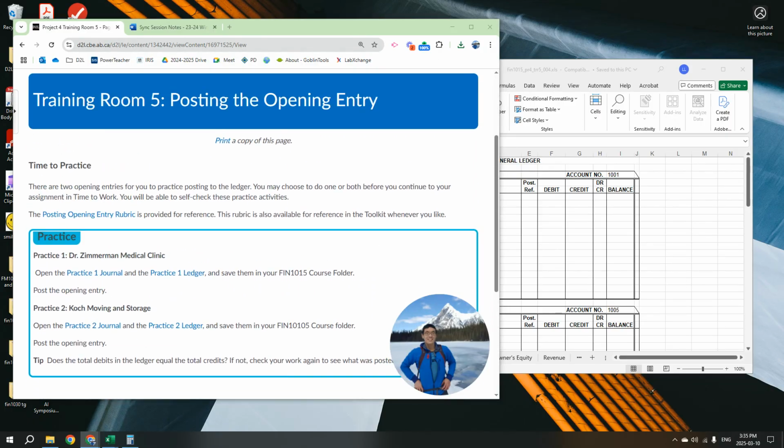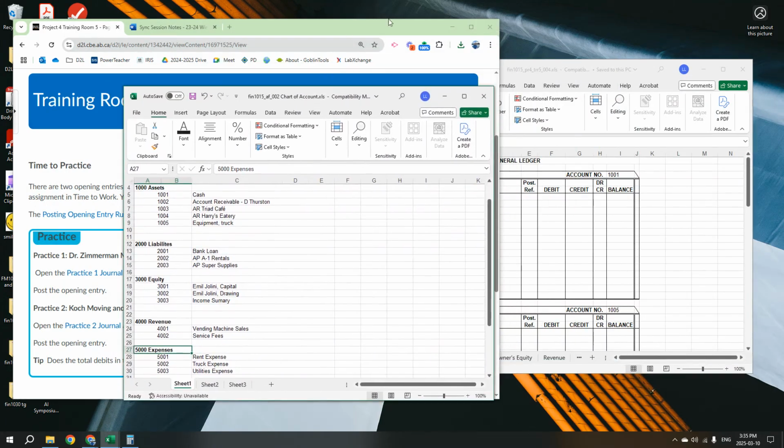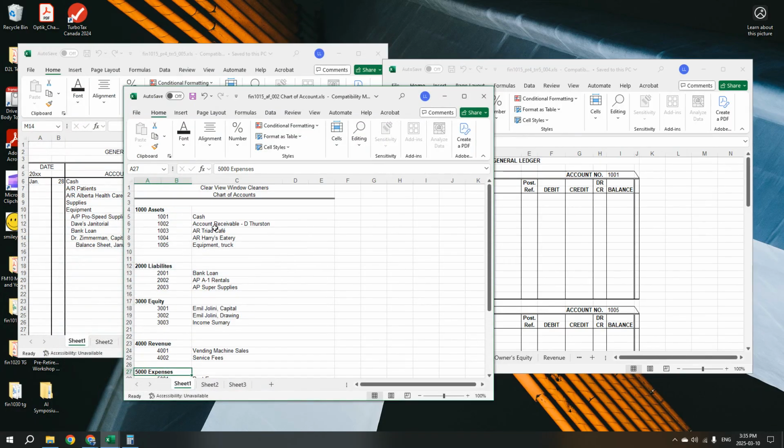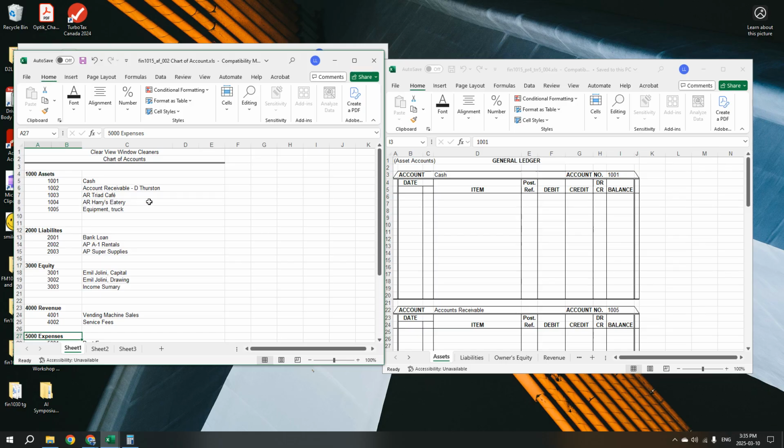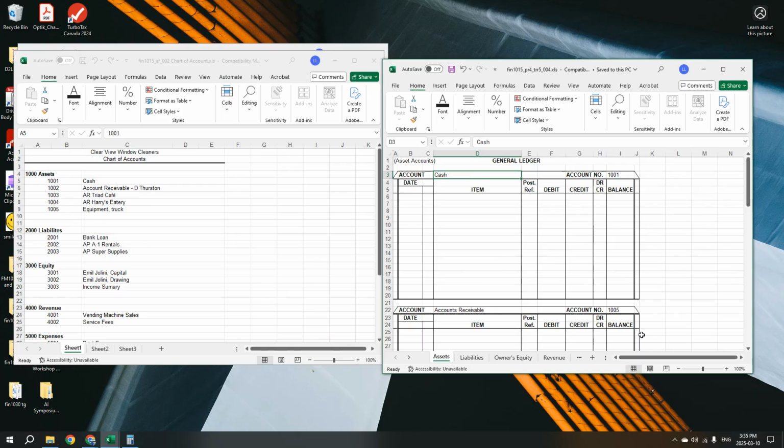Where is that chart of accounts? We have this. I know this is for a different business, but imagine if this was for Dr. Zimmerman's clinic. Account number 1001, the name is cash. And this one is 1005 because he skipped a few numbers.